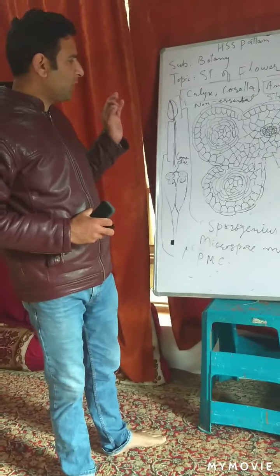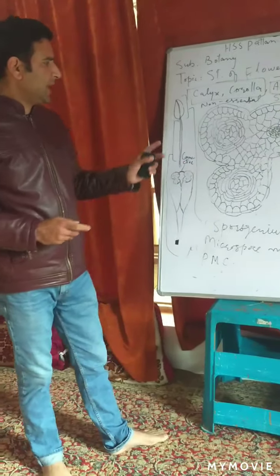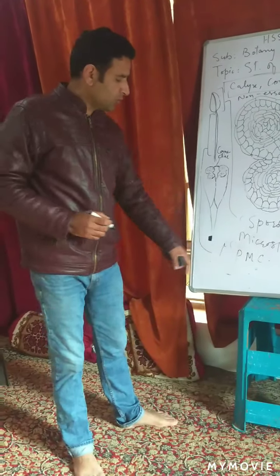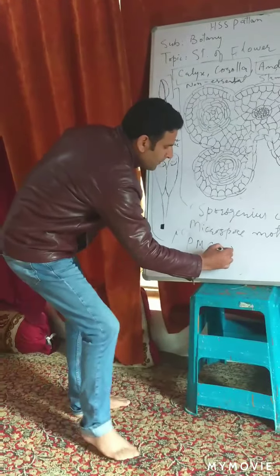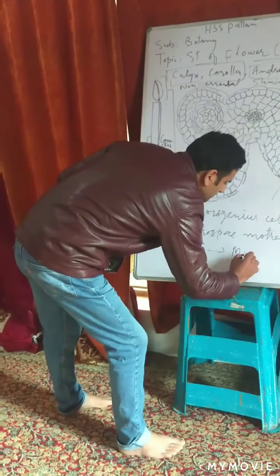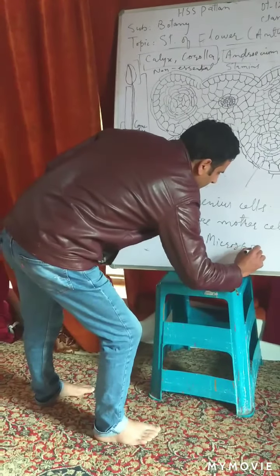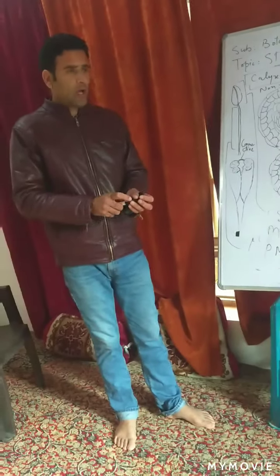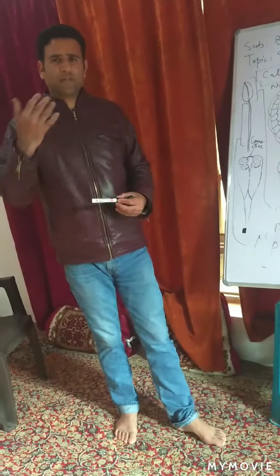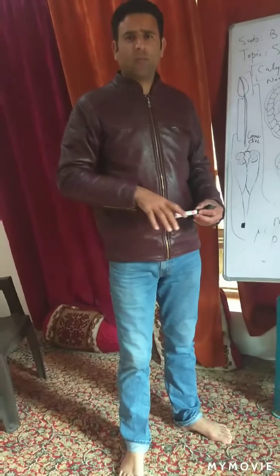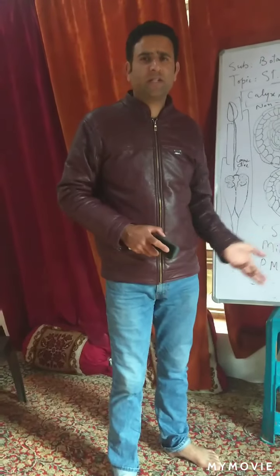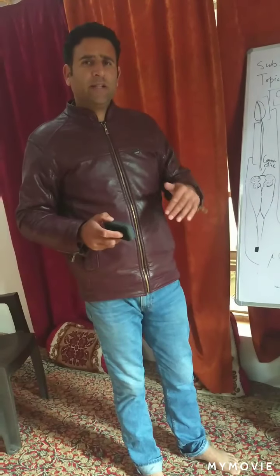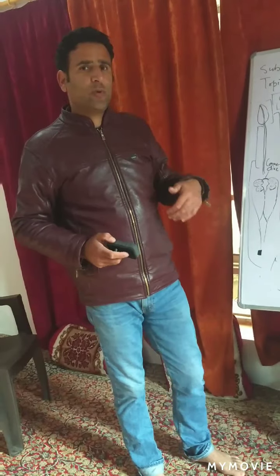Now it is for the first time in the life cycle that a plant cell undergoes meiosis. So pollen mother cells undergo meiosis and form microspores, or pollen grains. In a plant's life cycle, it undergoes change from diploid stage to haploid stage, and it is a must because there needs to be fertilization.